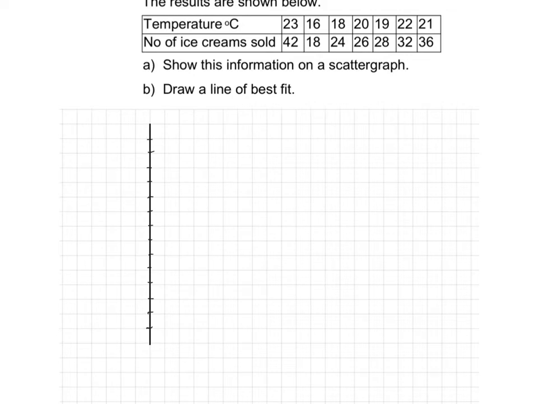So we've got a number of ice creams going from the lowest of 18 up to 42, so if I make this one down here at the bottom 18, I've probably got enough here, but I can always make it a bit longer. 18, 20, 22, 24, 26, 28, 30, 32, 34, 36, 38, 40, 42 and 44. So that is enough to cover the lowest up to the highest value on this axis.